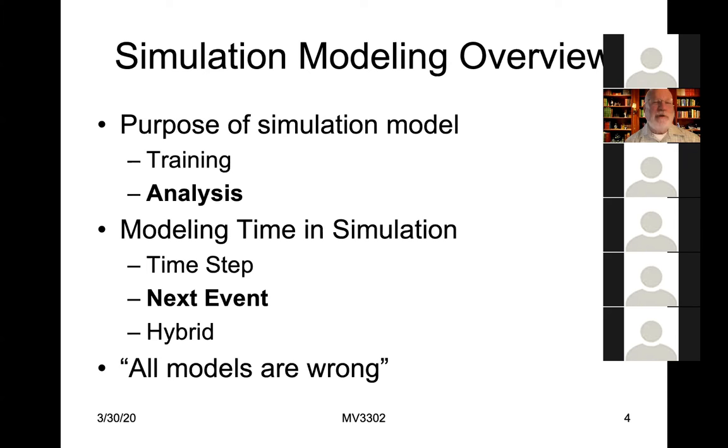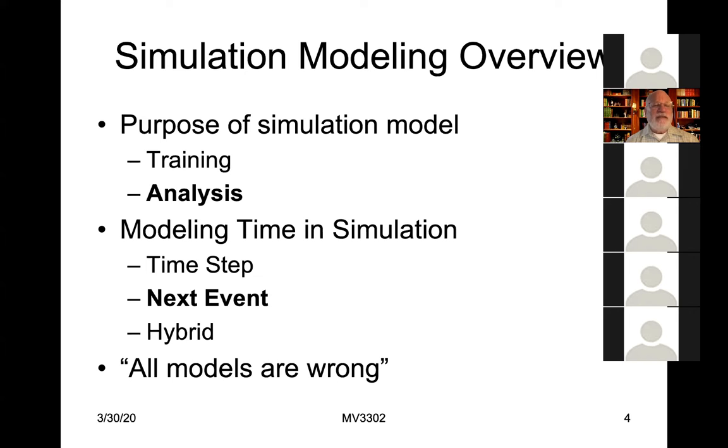The two main purposes of simulation are training and analysis. In many of your other courses, you've seen the utility of using simulation models for training, especially virtual or augmented environments. That's not what we're going to do here. Here we are going to be using simulation for analysis, which is to find answers to questions that we don't know before we do the model and the analysis.